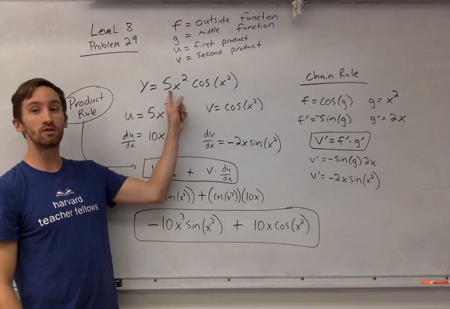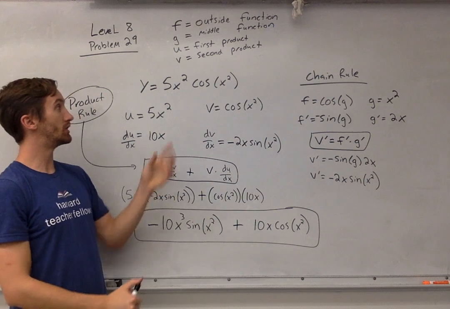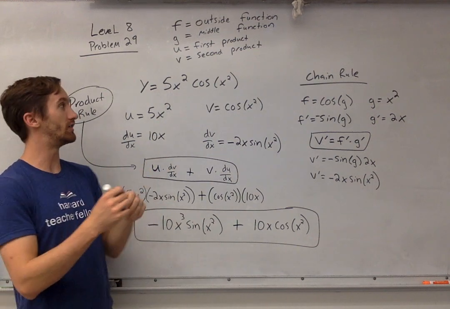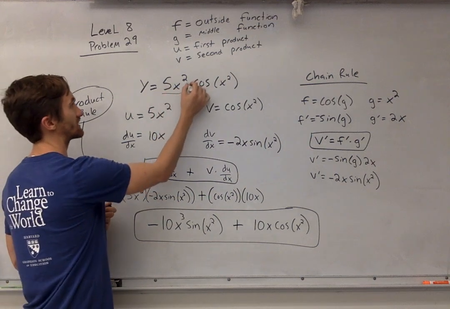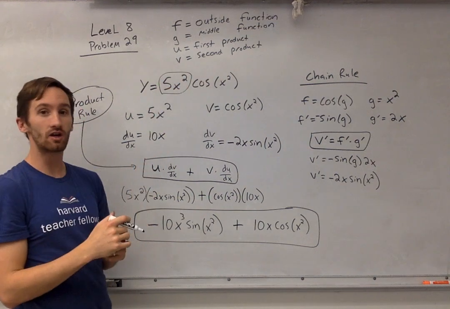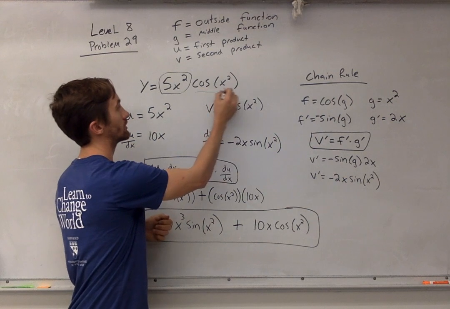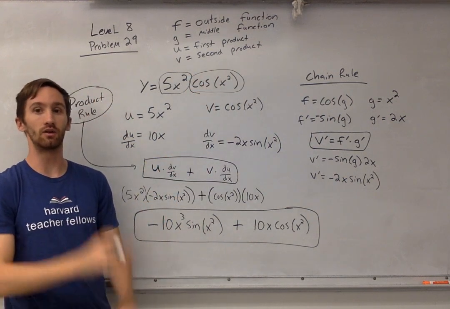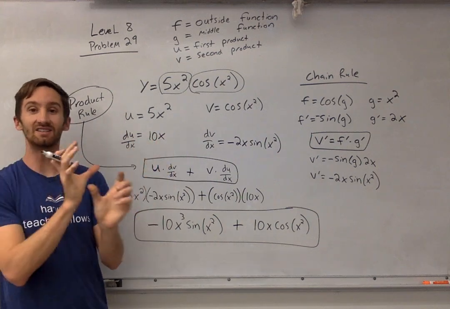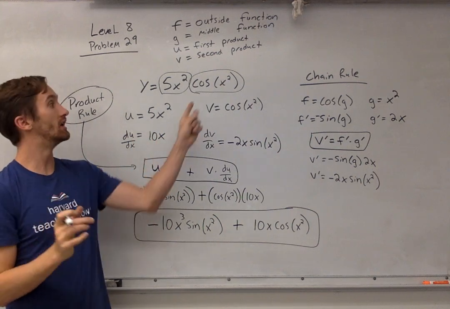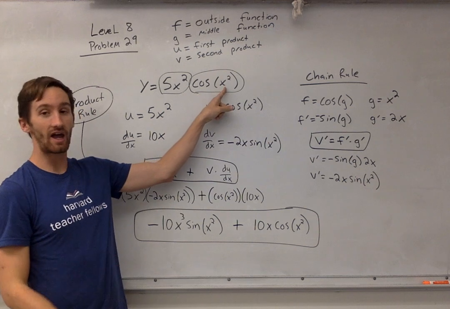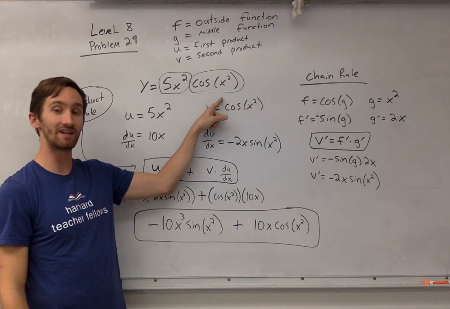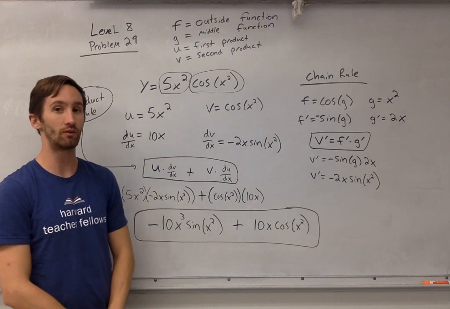Some people try and do chain rule here, but if you look at it, there's nothing that's trapped inside of anything else. 5x squared stands on its own, and then cosine x squared stands on its own. Neither one of those is inside the other one. Now we do have x squared inside of cosine, so we'll need to do chain rule when we get to here, but we'll talk about that when we get there.